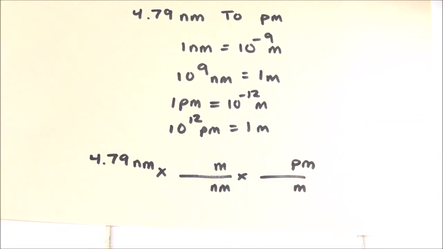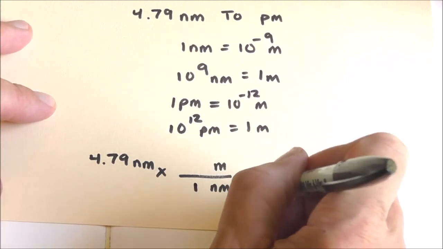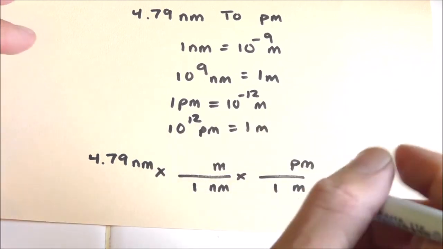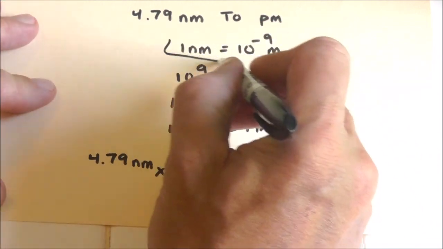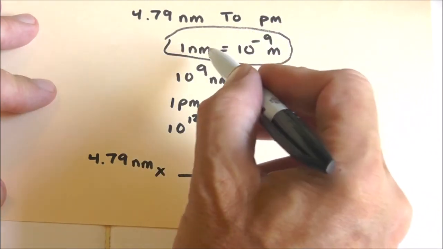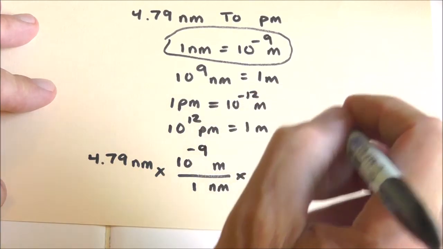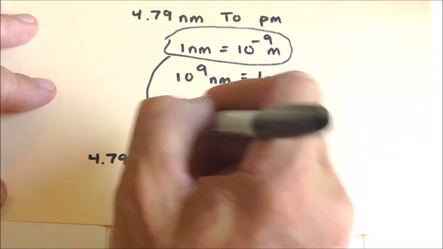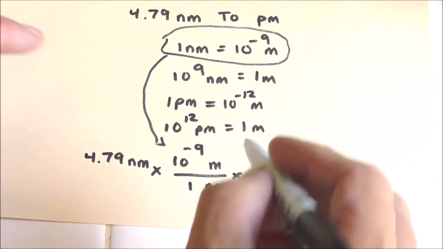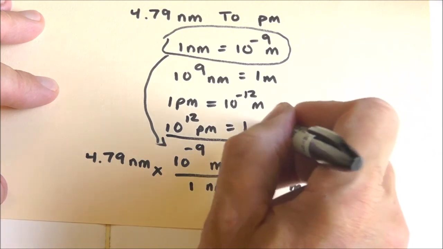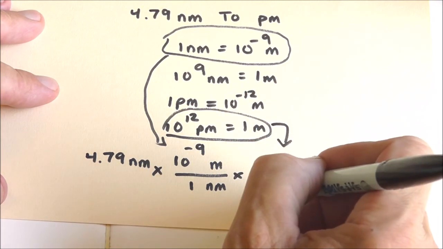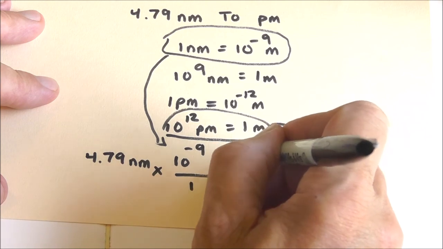I like to put my ones down here and my powers of 10 on top, so they just add. So I'm going to pick this conversion factor, and without thinking too hard, because thinking too hard is dangerous, I'm going to say 10 to the minus 9 meters right there. Then I take the other one where there's a 1, and there's my 1 meter, there's my 10 to the 12.